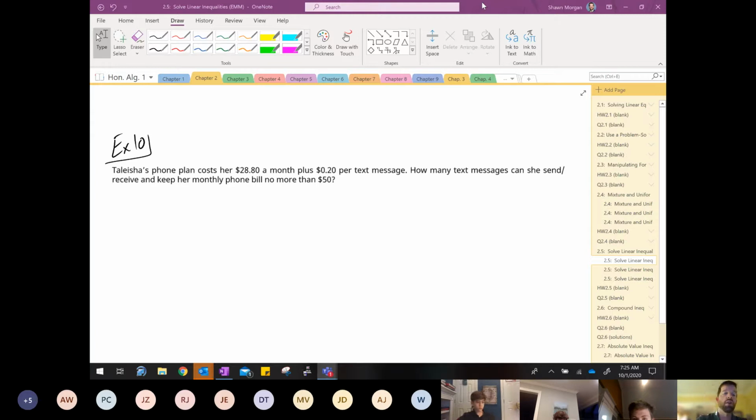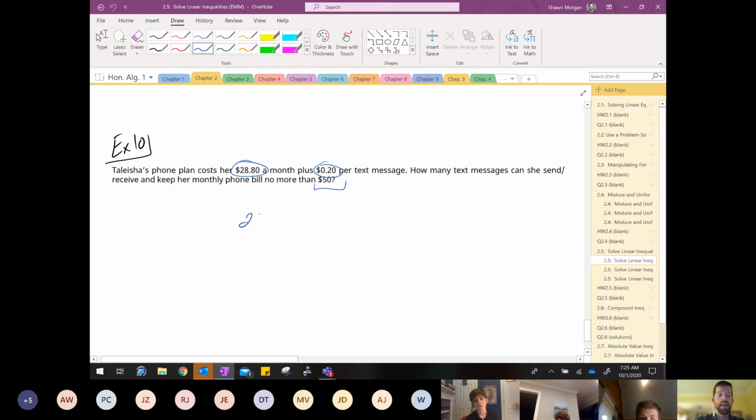So in this case, we've got these parameters that we want to consider. We've got the total monthly bill right out the gate, and then a per text charge that they add on. And her parents or whoever has said you're capped at $50, so you're not going to spend more than $50 a month on this plan. Okay. So we want to write up an equation, or an inequality rather.